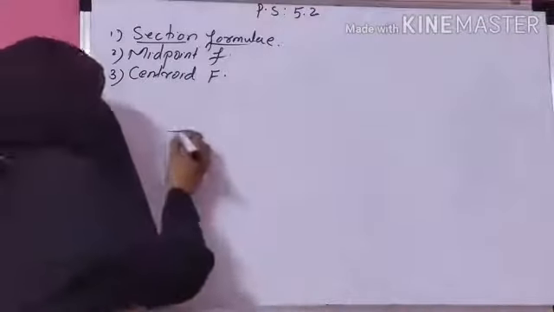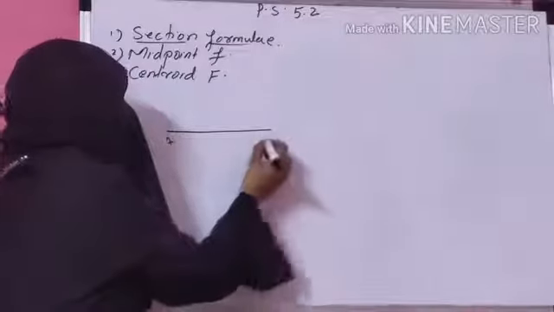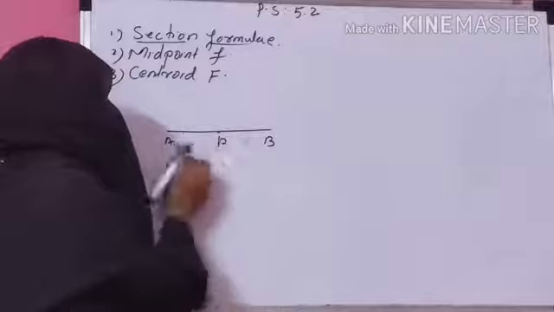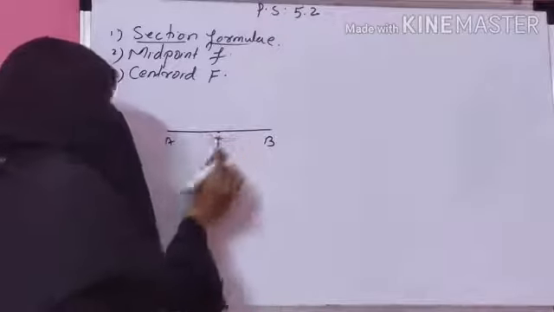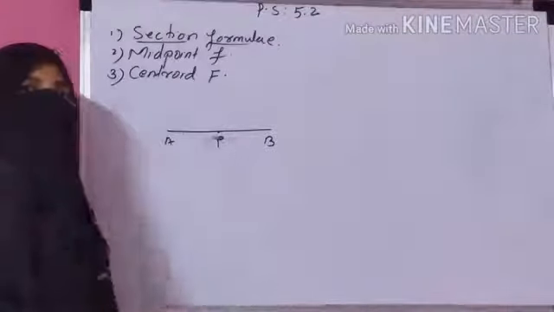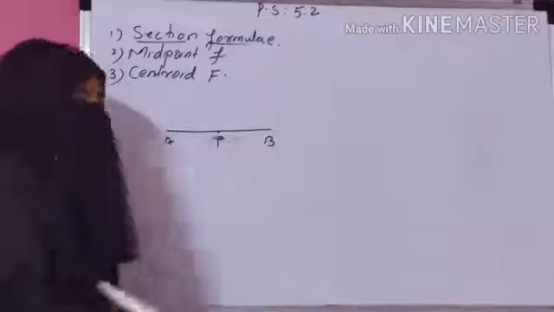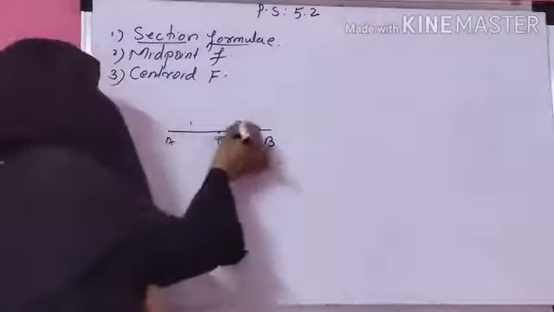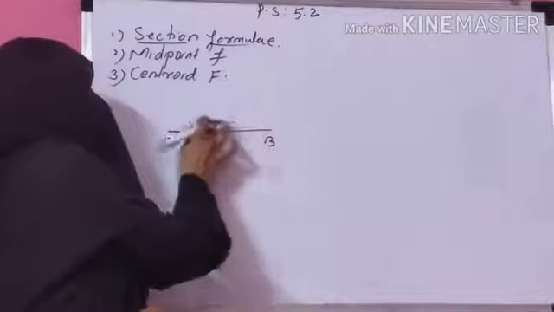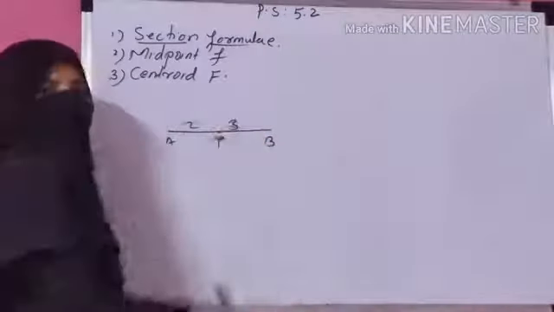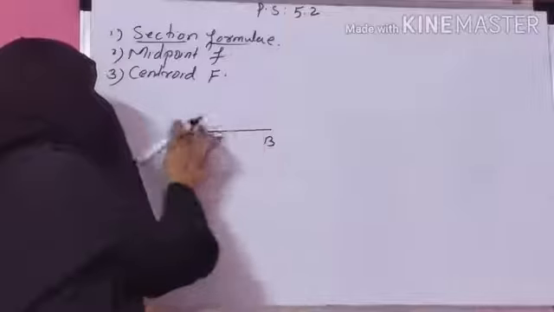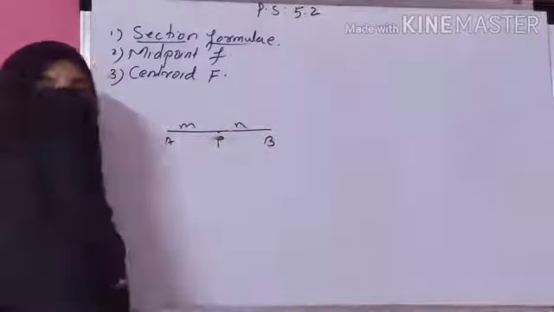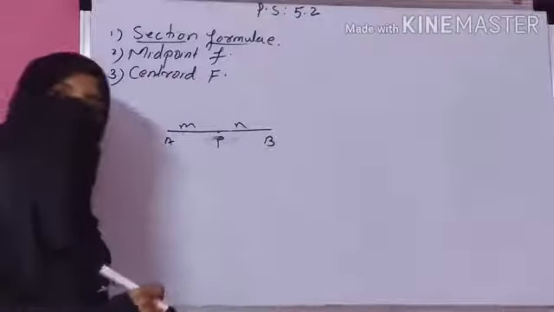For example, this is the segment AB, and this point P divides this segment not in equal parts but in a ratio. That means the ratio may be 1:2, 2:3, and generally I am taking it, this point P divides this segment in ratio m:n. Then we have to apply the section formula.